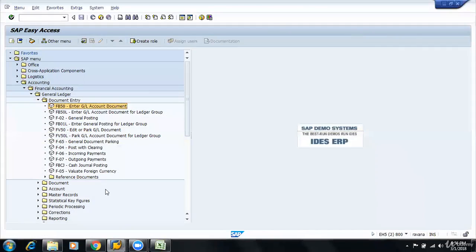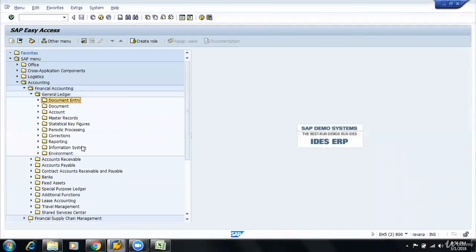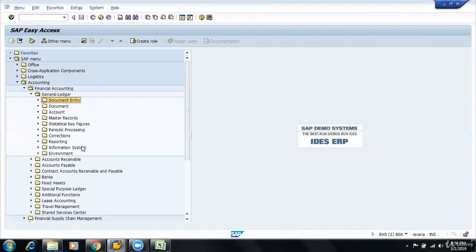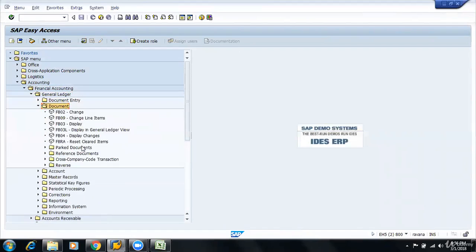Let me take you how to manage the parked documents. We are already into accounting, financial accounting, general ledger, and document. Further, well, currently I'm using my keyboard cursors, the arrow keys.